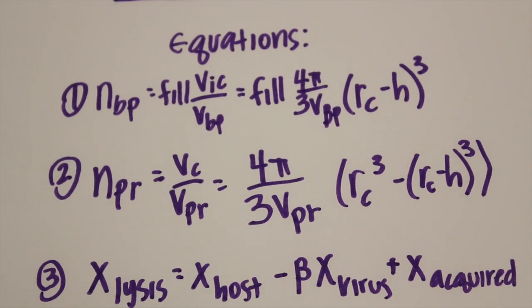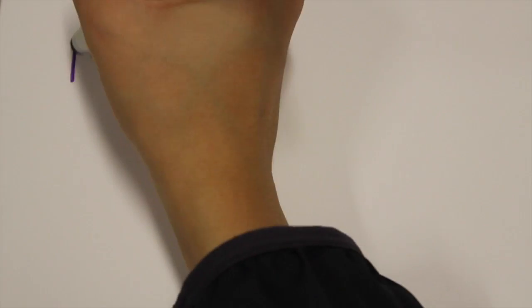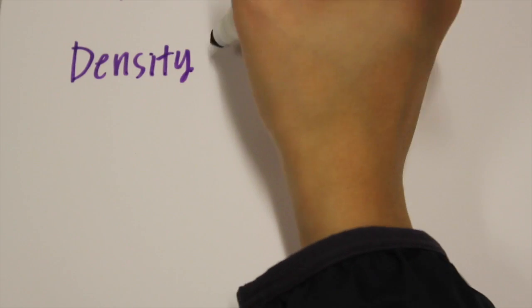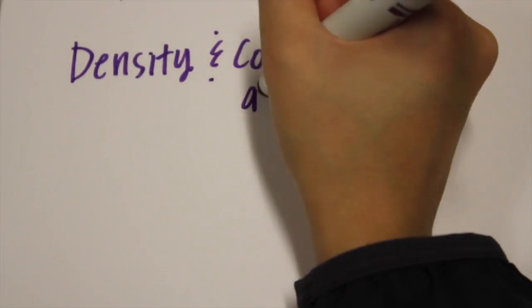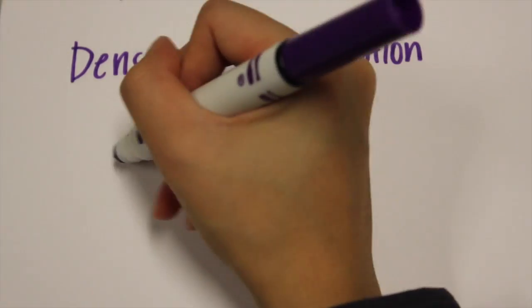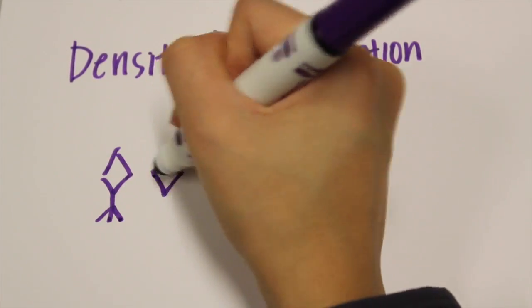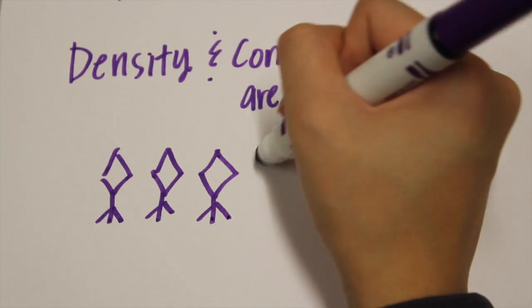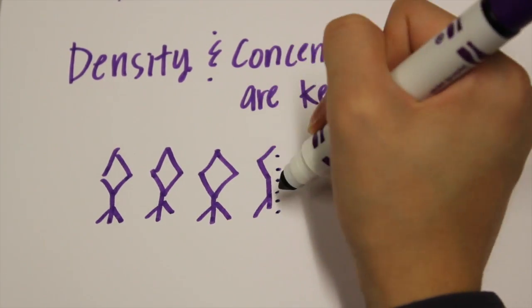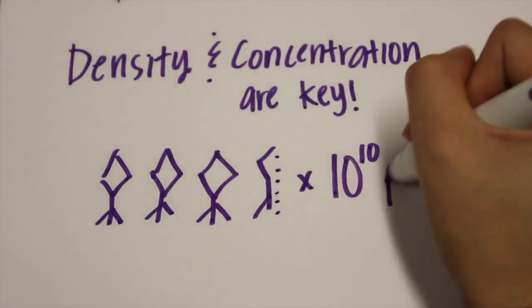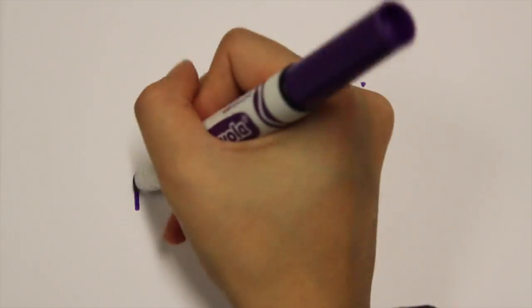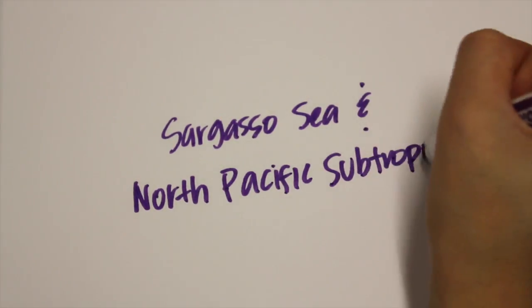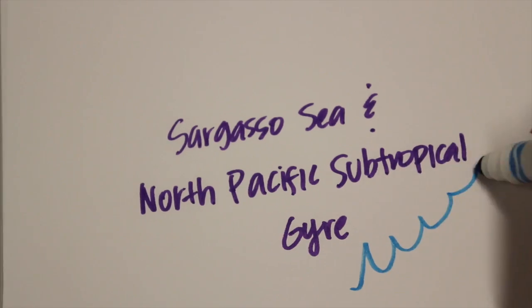Where is this happening? Well, the magnitude of the effect of viral shunt on the value of dissolved organic phosphorus within oceans varies based on the virus density and dissolved organic phosphorus concentration. When virus density is over 3.5 to the 10th power virus particles per liter, and the dissolved organic phosphorus concentration is over 100 nanomolars, marine viruses can contribute greater than 5% of dissolved organic phosphorus concentration of oceans.